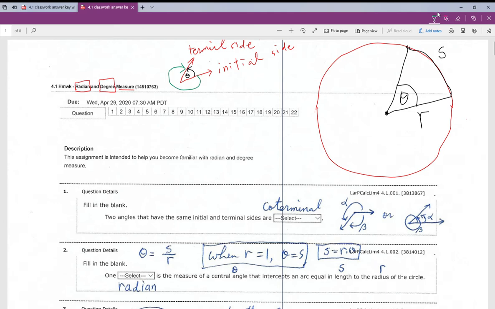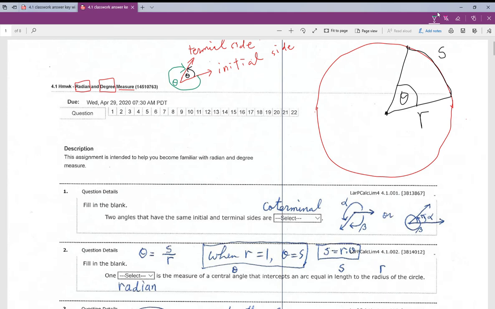Then the black one looks more like an angle, and the green one, if you say this is also an angle, doesn't look like it, right? But actually, it's also called an angle. So with the same initial side and the same terminal side, you may have two different angles.